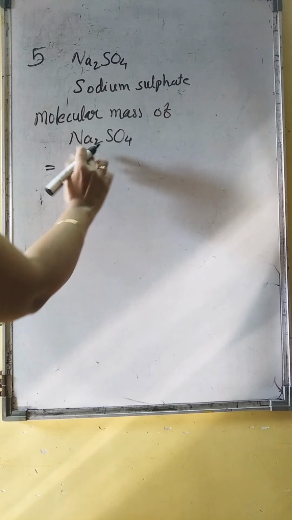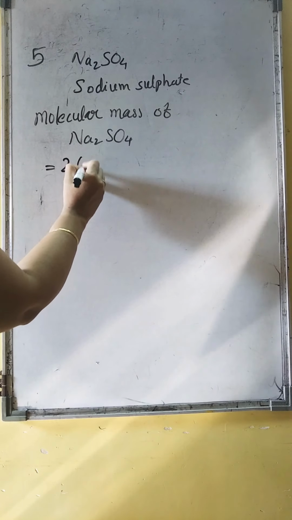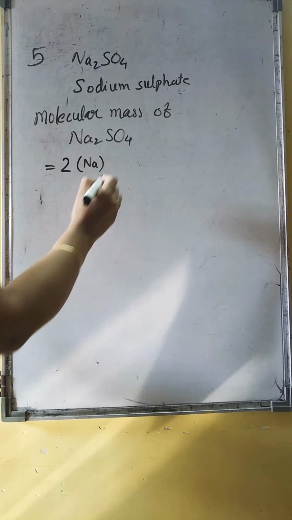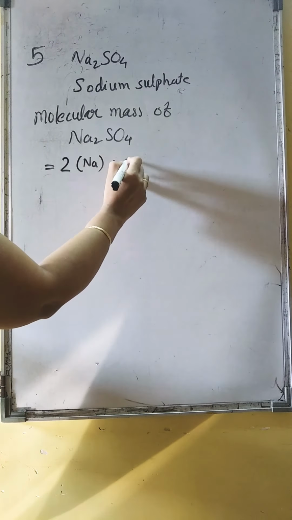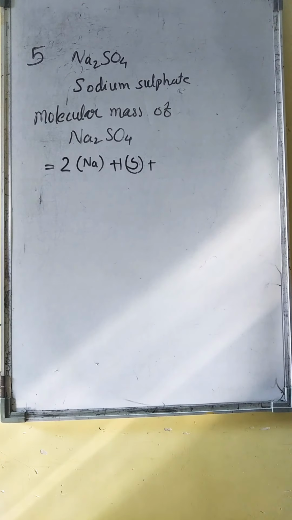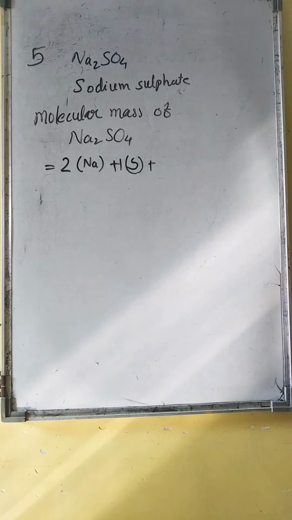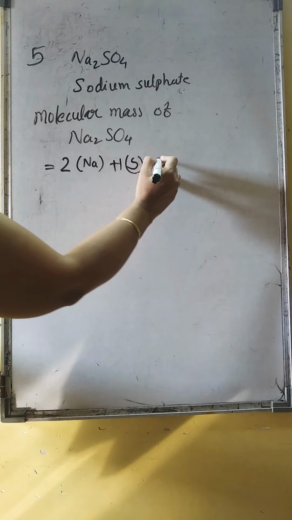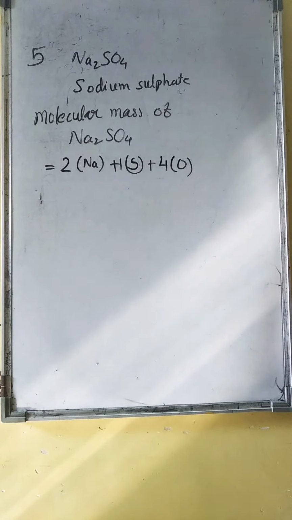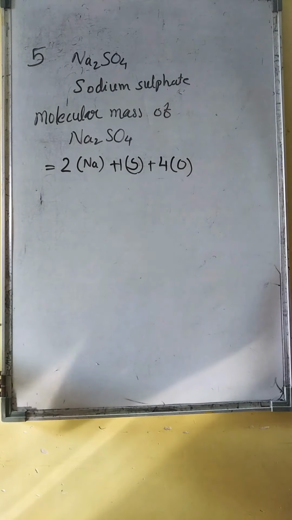So there are 2 Na atoms, so 2 and then in bracket Na. And then 1 time S. And how many times O is there? So you have 4 times O. Correct?